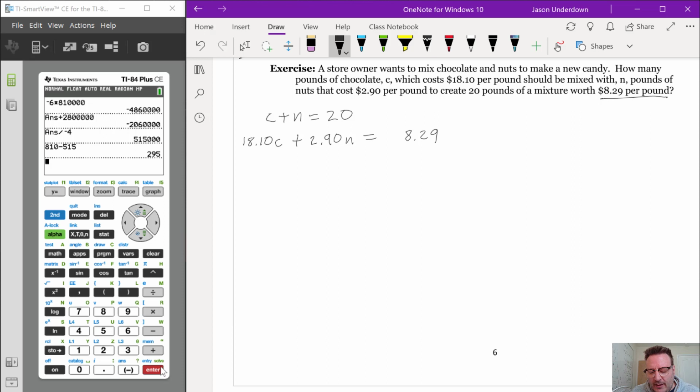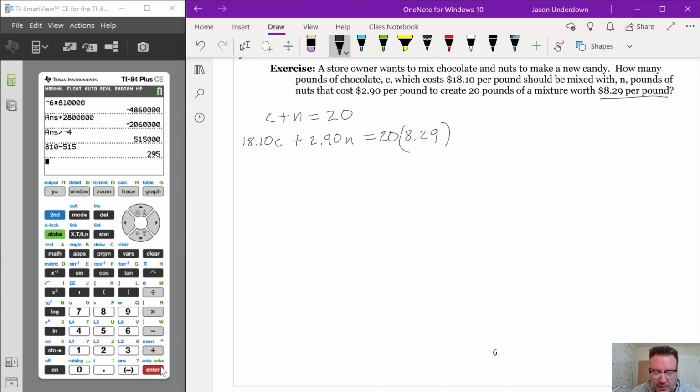On the left-hand side of this equation I have units of just dollars, not dollars per pound, because I'm multiplying the cost by the number of pounds to just get dollars. So I need dollars on the right side of the equation as well. So I need to multiply the $8.29 per pound times the number of pounds in the total mixture, which is 20. So 20 times 8.29. And there we go. There's our system of linear equations.